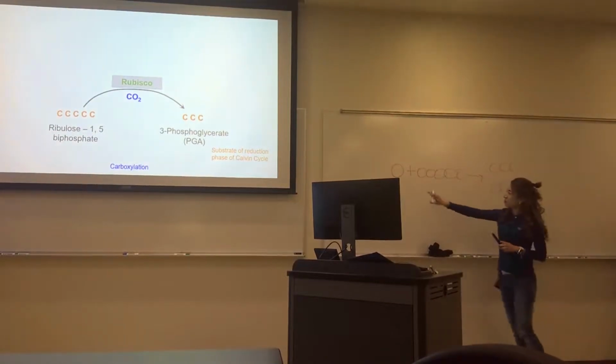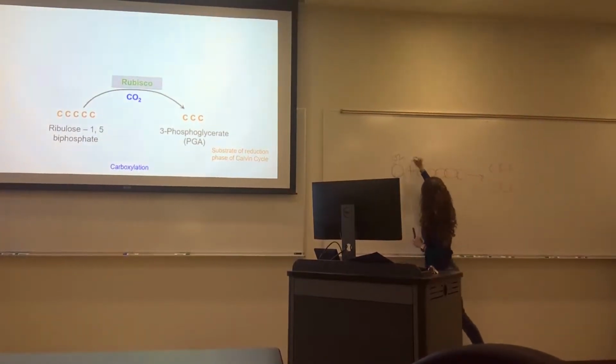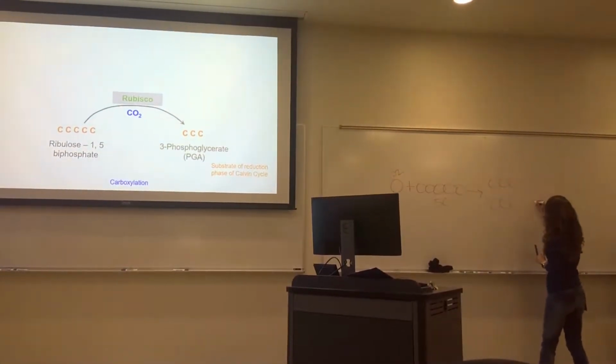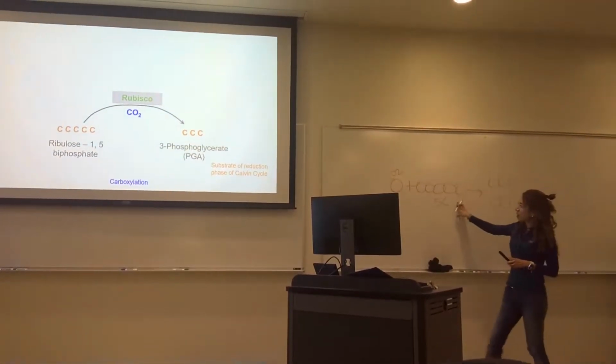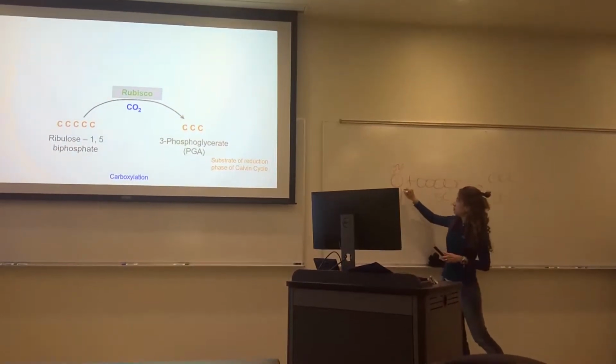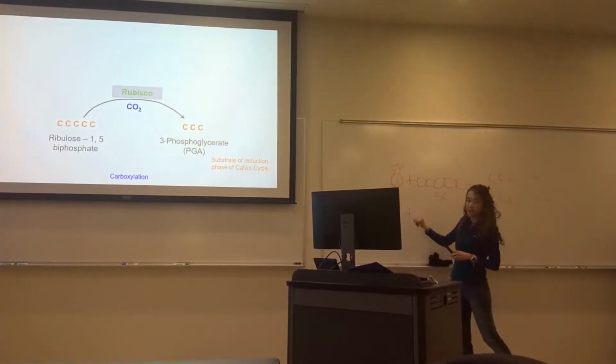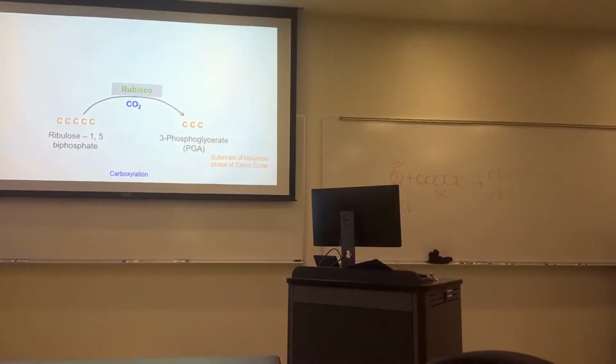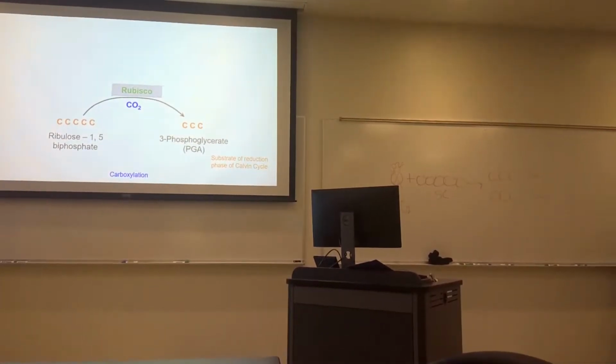Does that make sense? You have 1 CO2, and then these 5-carbon molecules, and you produce 2 3-carbon molecules. If this 5-carbon doesn't bind to this, but binds O2 that doesn't have carbons, what do you produce instead of this? You didn't add another carbon, what do you produce?